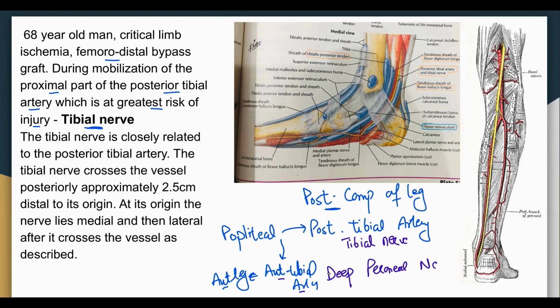It is very important to know which artery and which nerve are present in which compartment, because if there is damage to one of the components, it is likely that you will be asked which nerve is affected with reference to that artery. For the anterior and posterior compartments this is as above, and in the lateral compartment we have the superficial peroneal nerve, and that lateral compartment of the leg is supplied by the peroneal artery. That peroneal artery is one of the branches of the popliteal artery.